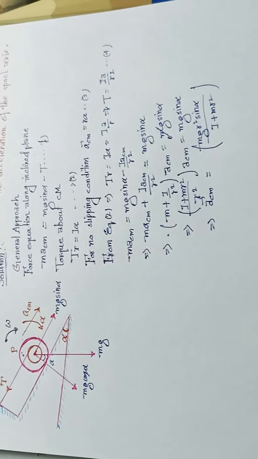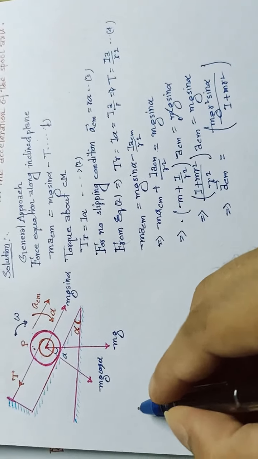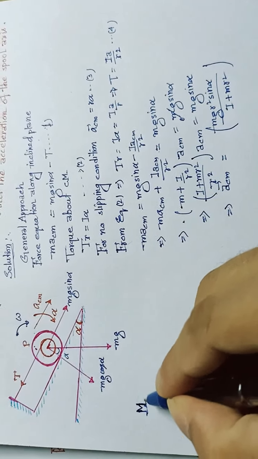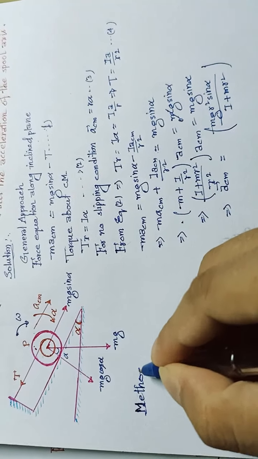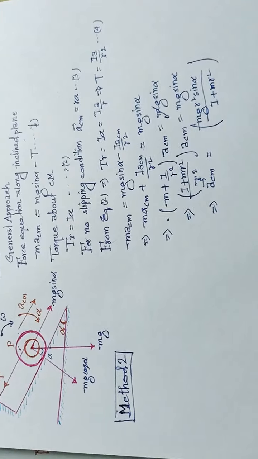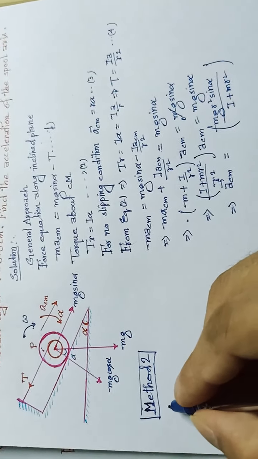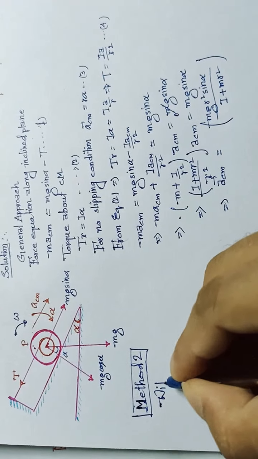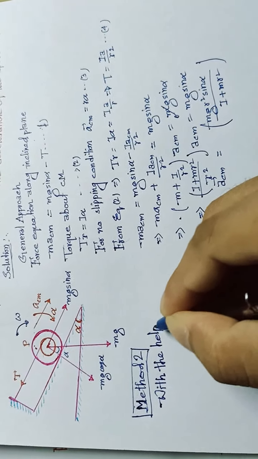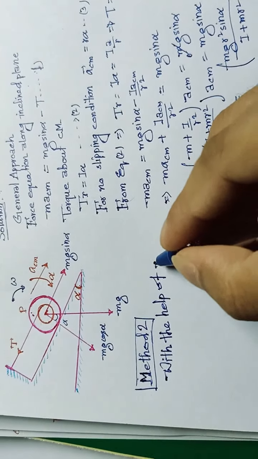We can also solve this question by different methods. So we are taking a different method, method 2. In method 2, we'll use the help of the instantaneous axis of rotation, IAR.